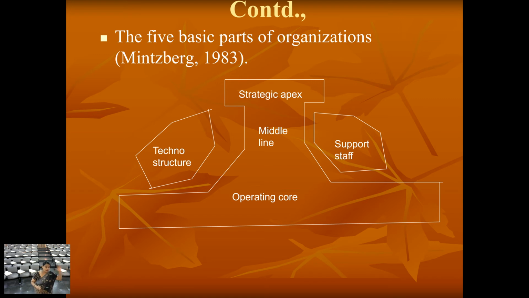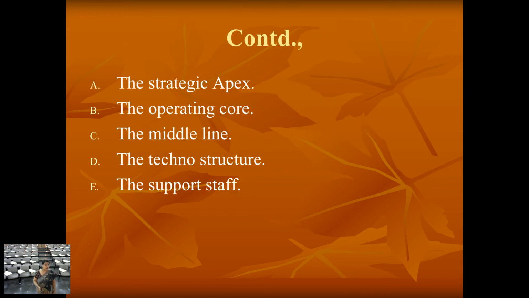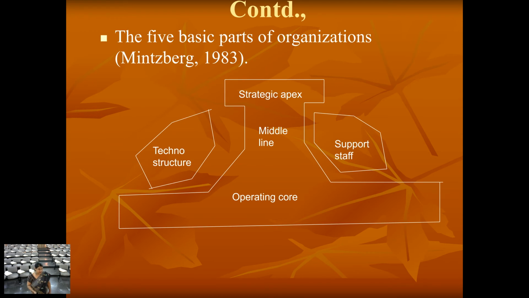One is technostructure, highly knowledgeable people, and one is support staff to support their day-to-day activities. So these are the 5 parts given by Mintzberg, which you need to know for drawing your organization: strategic apex, operating core, middle line, technostructure, and support staff. Hope you are able to understand that.